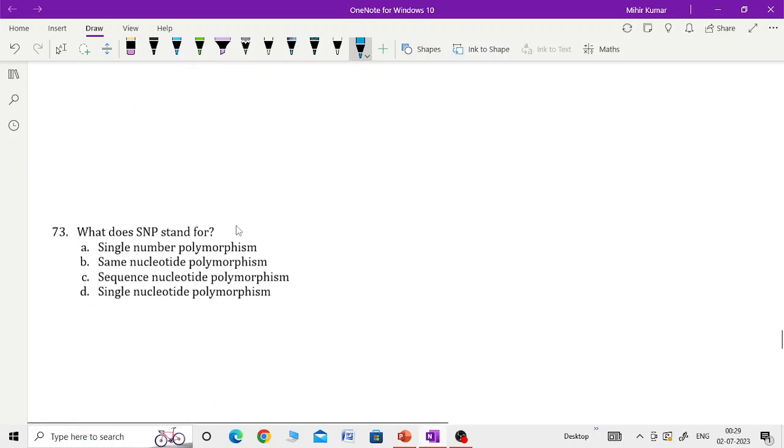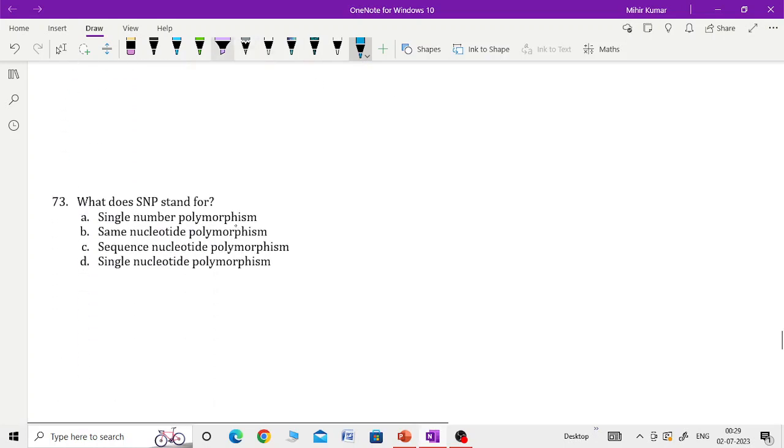Then we move to the next question, which asks what SNP stands for. In SNP, S is single, N is nucleotide, P is polymorphism. This is very important because some diseases are due to single nucleotide polymorphism. When we do whole genome sequencing, we find that some genes are linked with single nucleotide polymorphism.